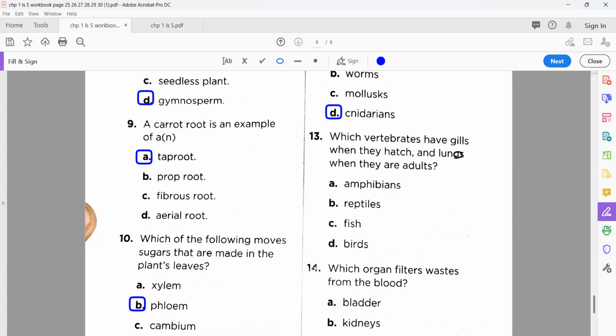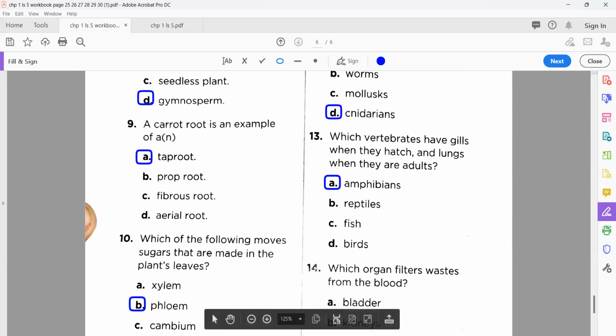So which type of vertebrates can go into the water and also on the land? Fish only in water, birds only on land. Reptiles you know about, but the best option here is amphibians, like frog and toad.